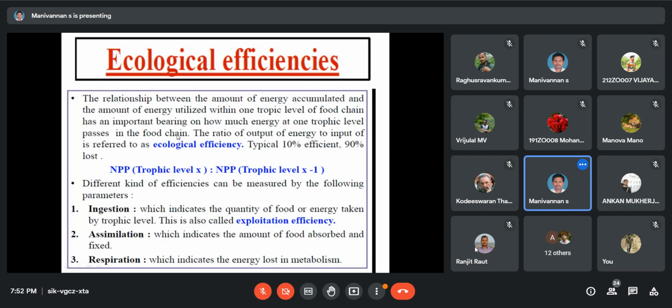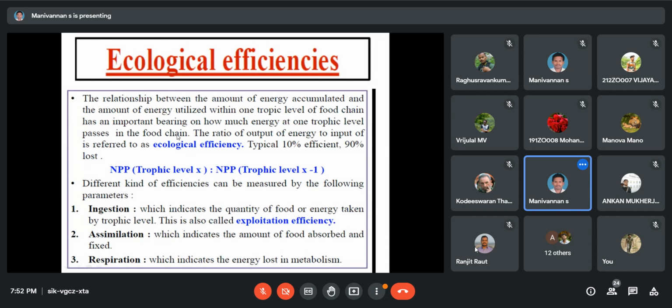Ingestion indicates the quantity of food or energy taken in by the trophic level. That is called the exploitation efficiency. Assimilation is the amount of food absorbed and fixed, how much energy is absorbed and fixed. Respiration indicates the energy lost in the metabolic process.